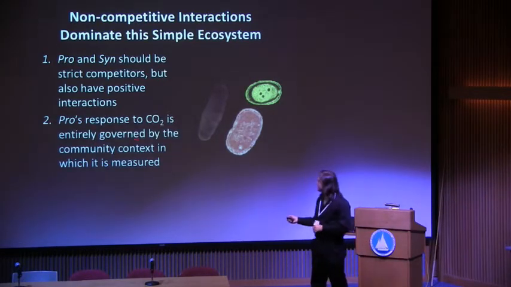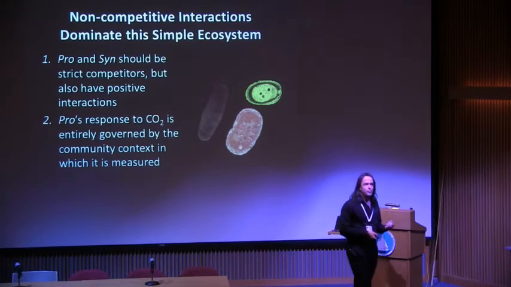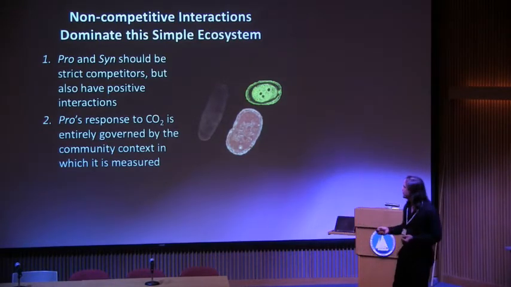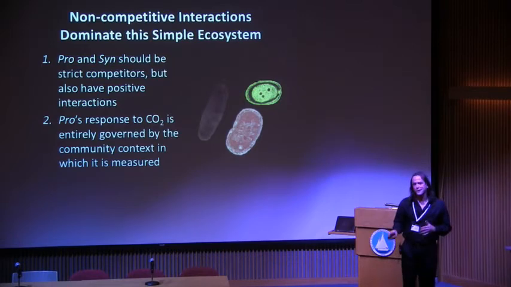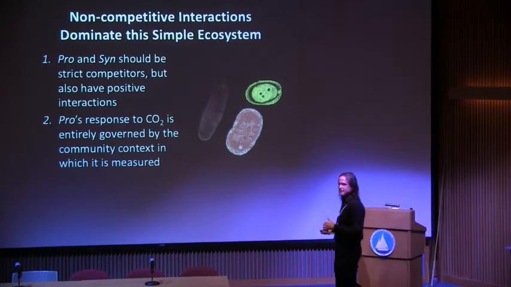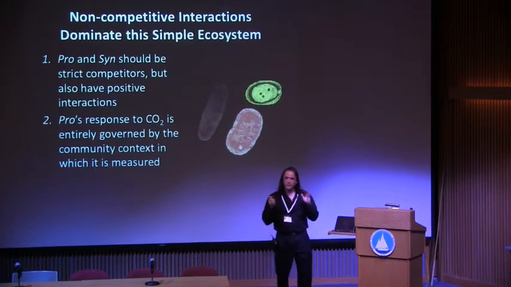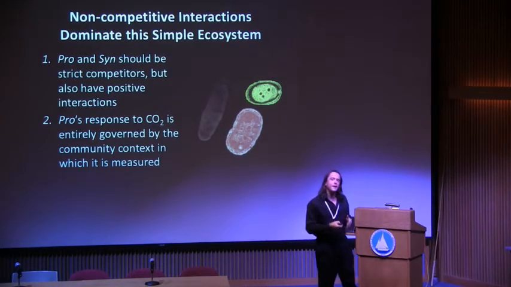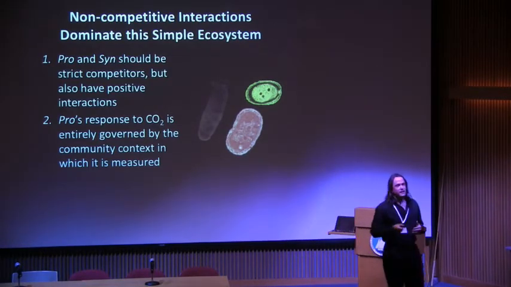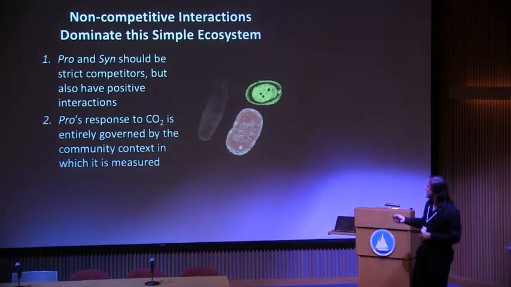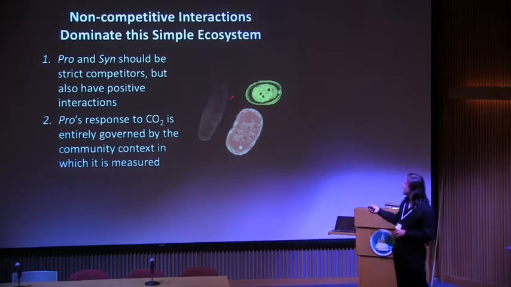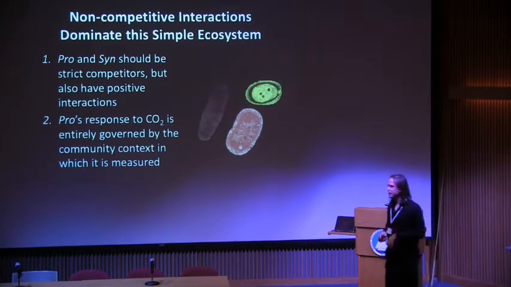And I think critically, our interpretation of Pro's response to high CO2 is totally governed by the particular community context that we measure it in, right? If we look at pure cultures, we get a skewed and totally wrong interpretation of how they respond to this important environmental change, relative to what we get if we measure it in a more natural, complex community setting.